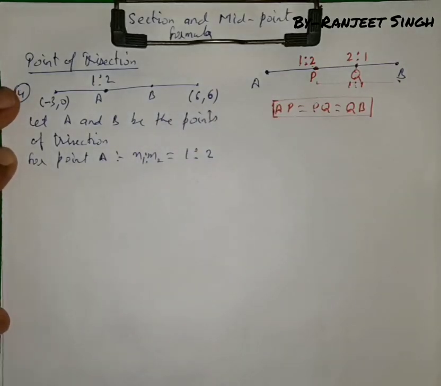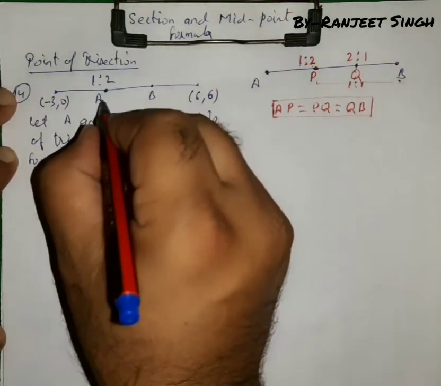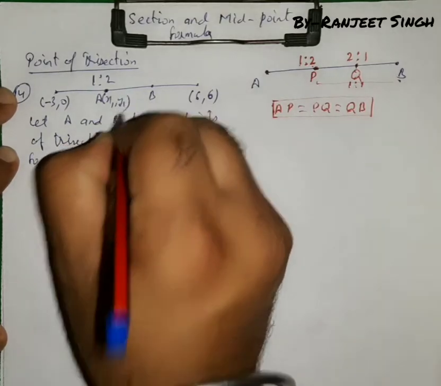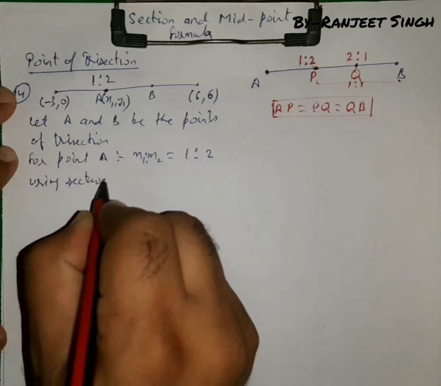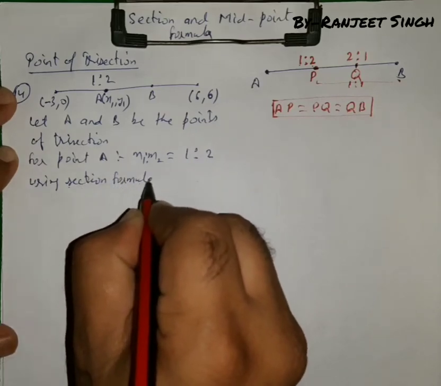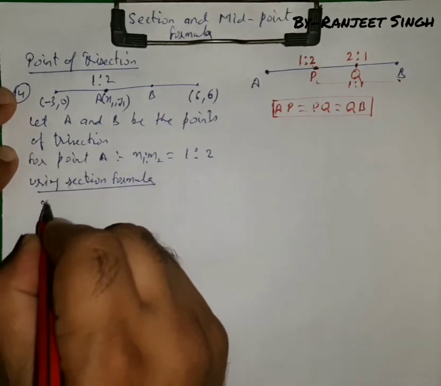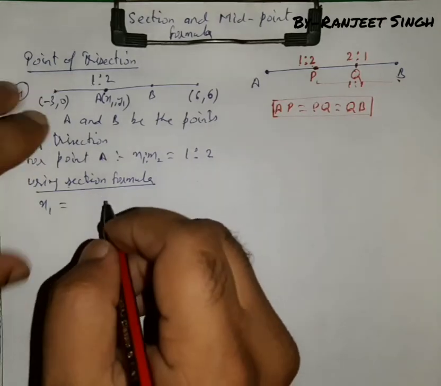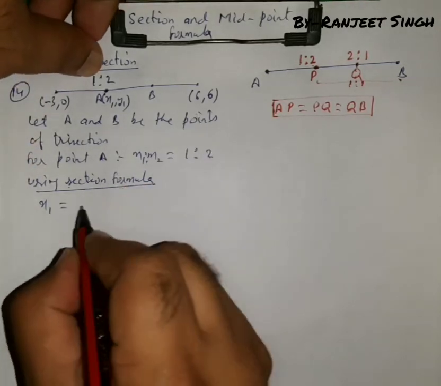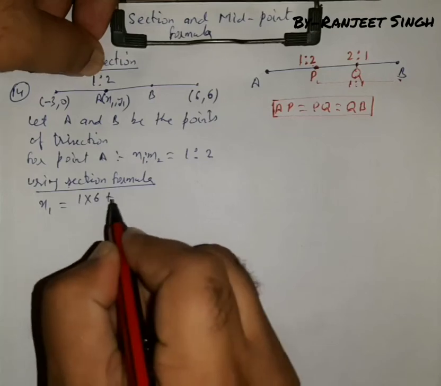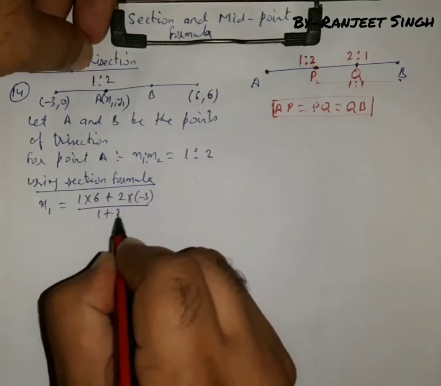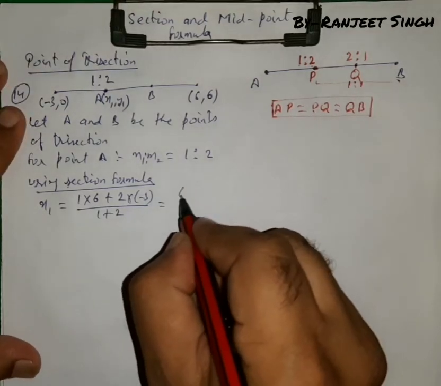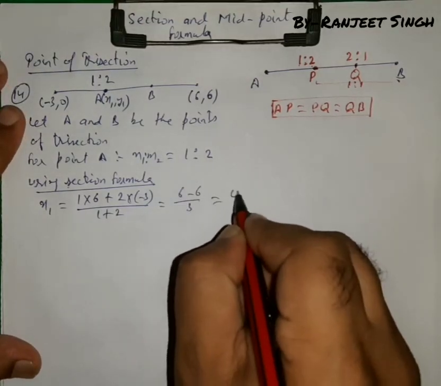Let us say that this point is x1, y1. Now using the section formula, x1 is equal to 1 multiply 6 plus 2 multiply -3 over 1 plus 2. That is equal to 6 minus 6 over 3, which is equal to 0.